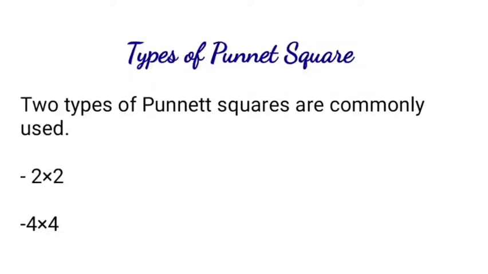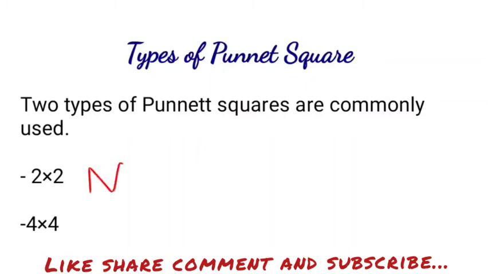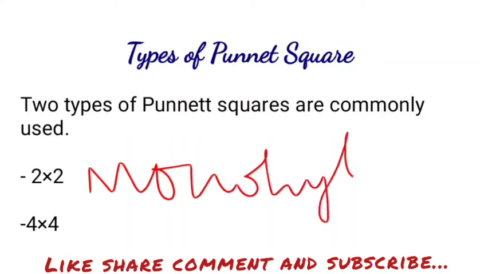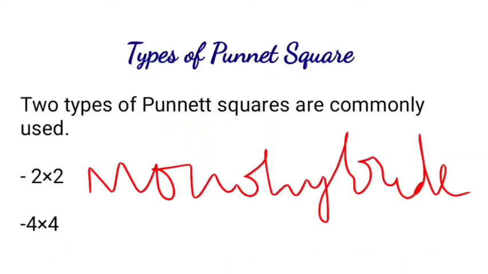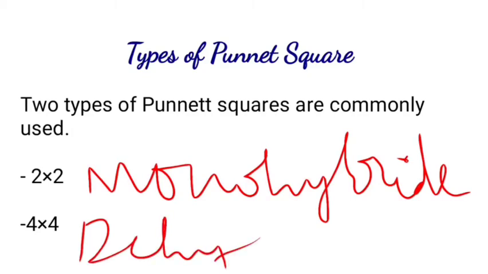There are two types of Punnett square. 2 cross 2 is nothing but a monohybrid cross, and 4 cross 4 is a dihybrid cross.